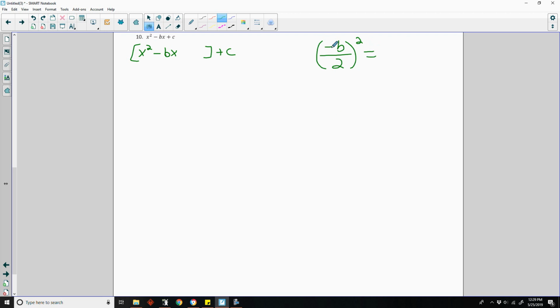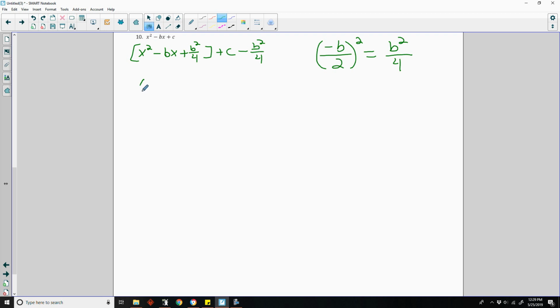And that's going to be negative b times negative b is positive b squared over 2 squared, which is 4. So this is going to be plus b squared over 4, but then we also have to subtract b squared over 4.